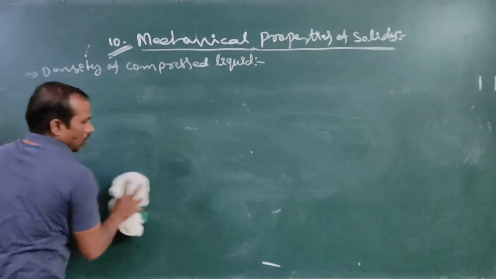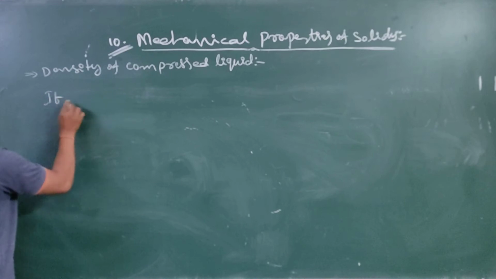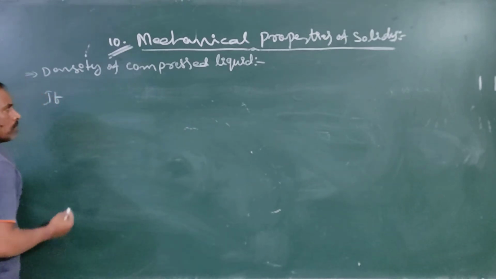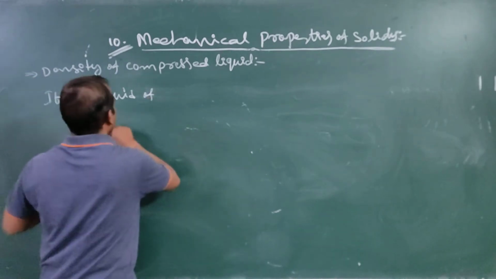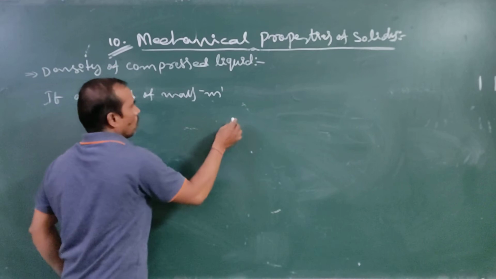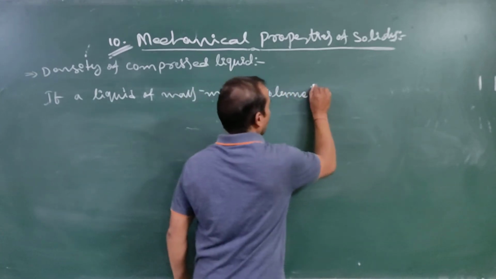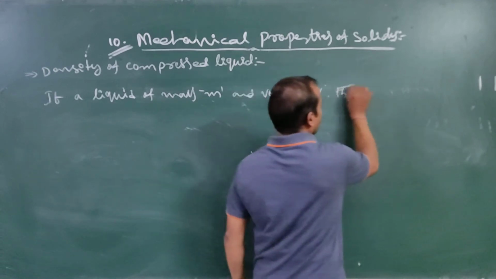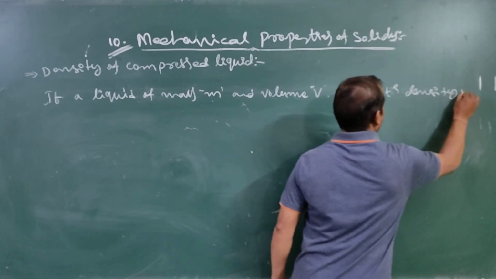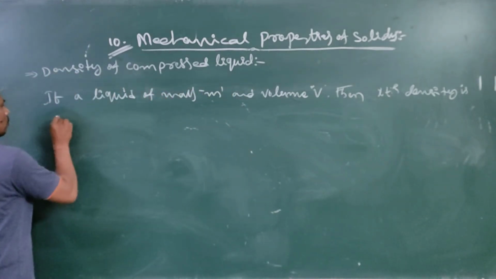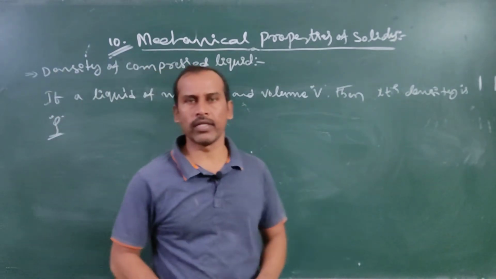If a liquid of mass M and volume V has density rho, then when the pressure is increased, the volume is decreased.